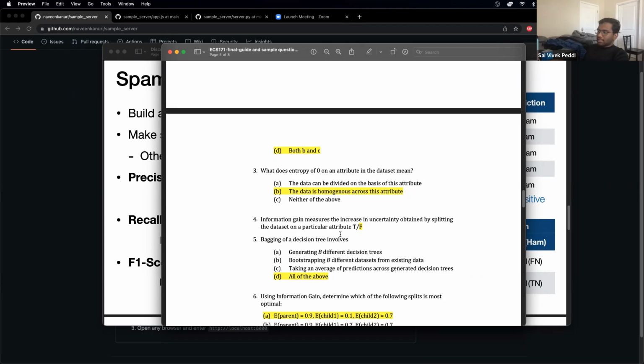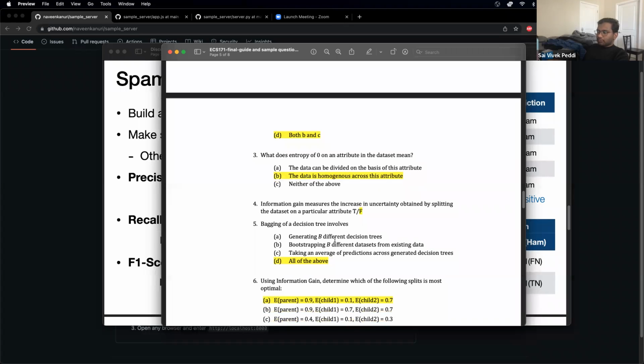It's false. Information gain is used to decide how to split the decision trees any further. We'll see an example of this, but it's not because of uncertainty.